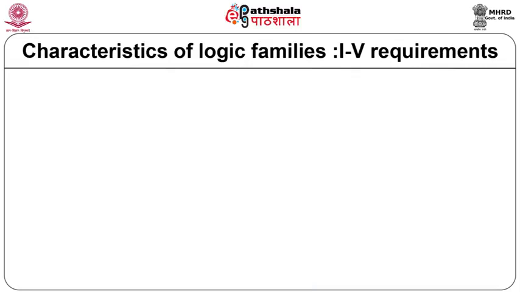Let us see the characteristics of logic families. These characteristics are common for all the logic families. So, let us start with the IV characteristics or IV requirements of logic circuits. Now, this slide and next slide show you how the input current, input voltage and output voltage are referred to when the logic level is high and logic level is low.